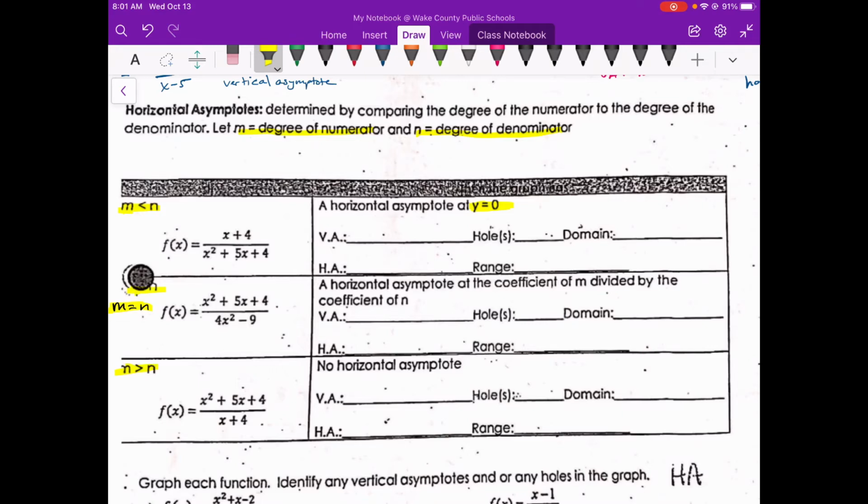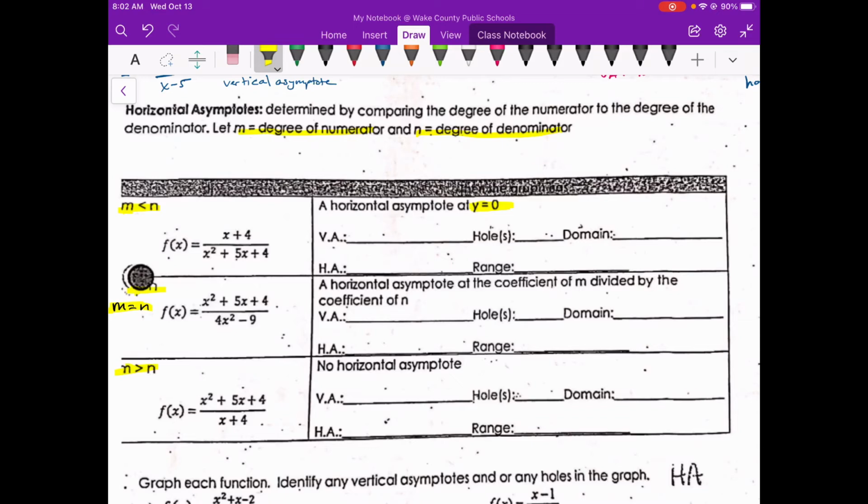All right, this next scenario says, if the degree of the top and the degree of the bottom are the exact same, then all we do is we take the coefficient of the highest term on the top and divide it by the coefficient of the highest term on the bottom. So it's important that you put the numerator and denominator in standard form so that they're in order from the highest power down to the lowest power, so it's easy for them to line up.